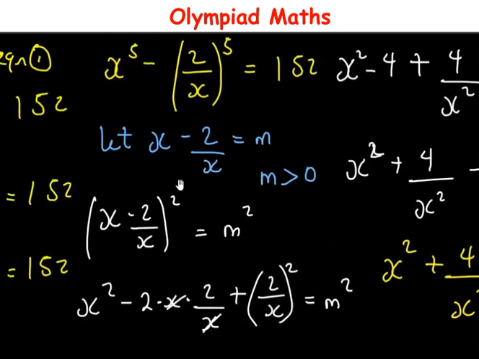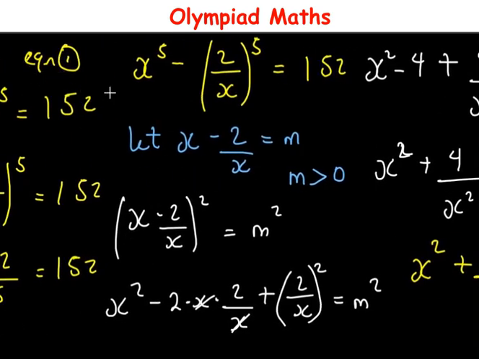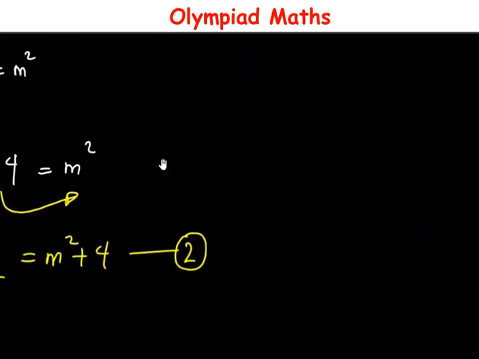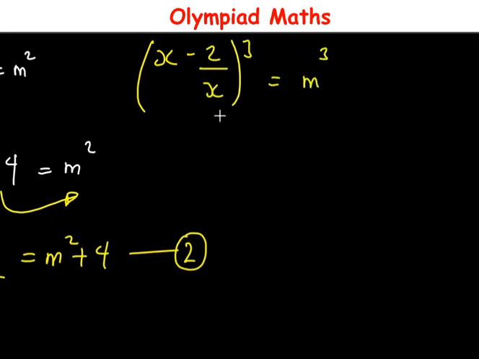Since we squared this, let's also cube this equation. If we cube that equation, this becomes in bracket x minus 2 over x all cubed equals m cubed.